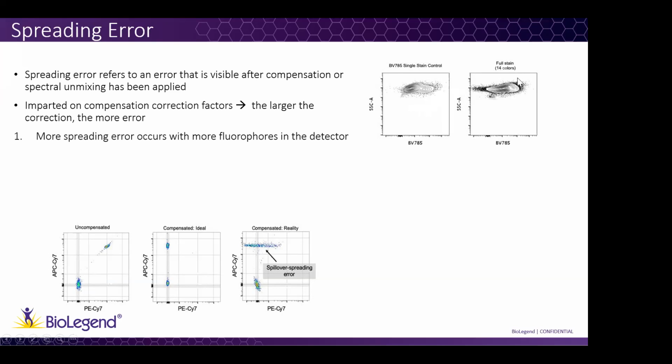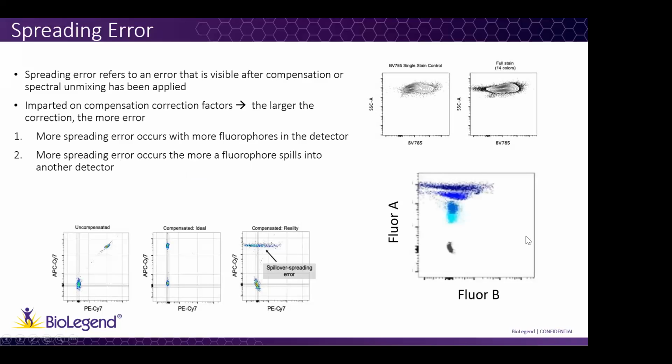But then you add 13 more fluors in the same tube and you stain them, you start to see spread or spilling here, and it's not that easy anymore to detect this single positive BV785 population. Because all these 13 colors that we added to this panel basically reduce the staining index of BV785.